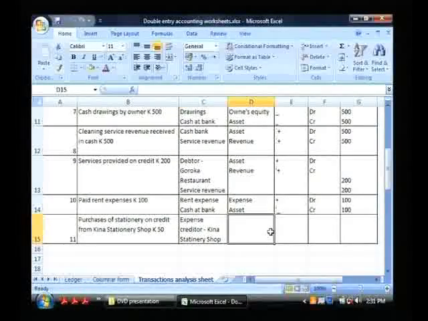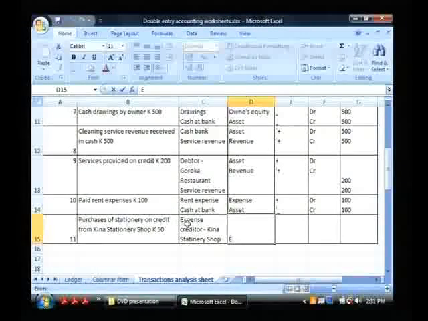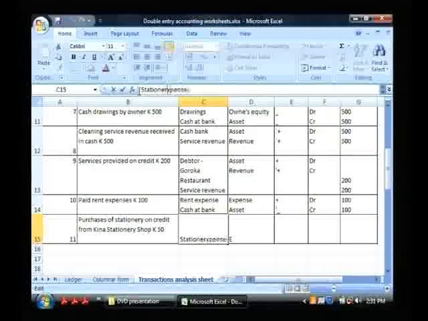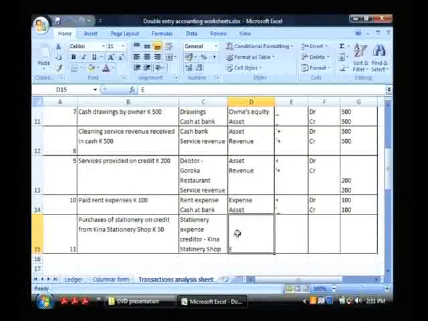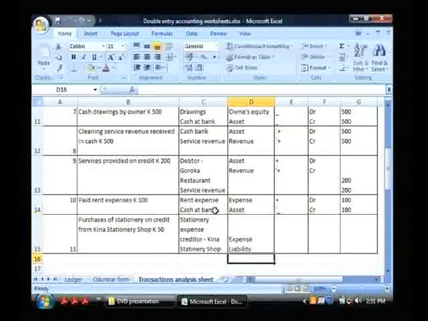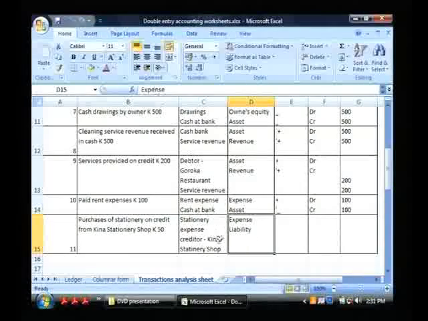And now decide the elements of accounting equation. Expense, let's change this to stationery expense to make it clear. Then it is expense, and creditor is a liability, here, and keep on entering.